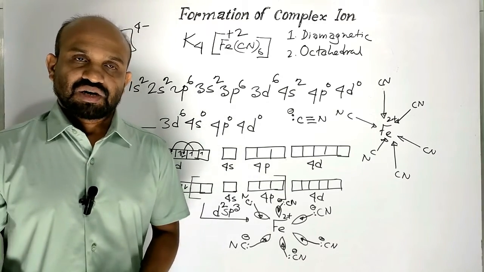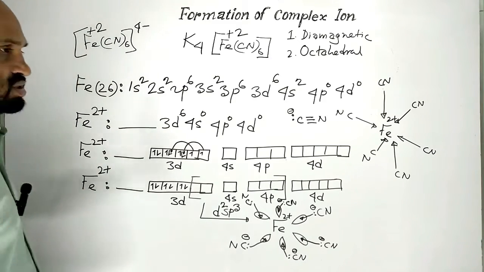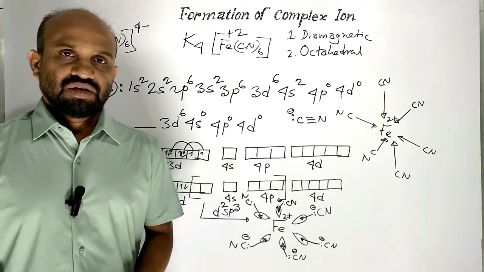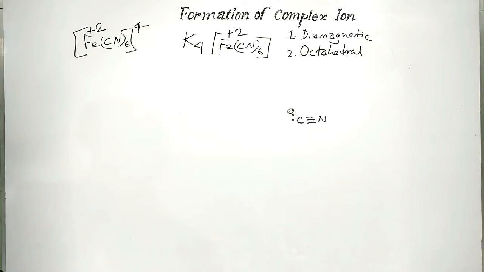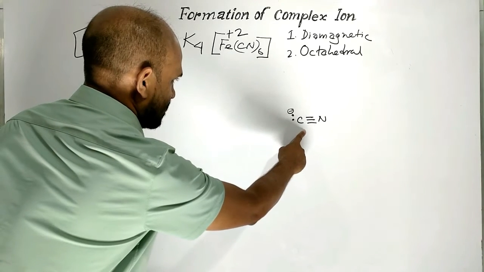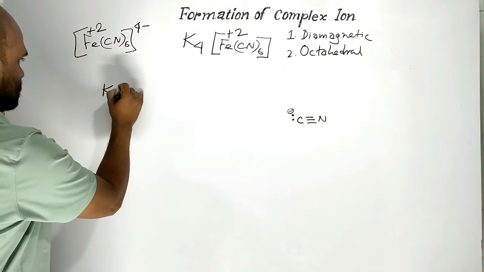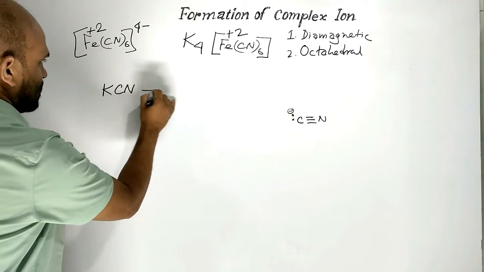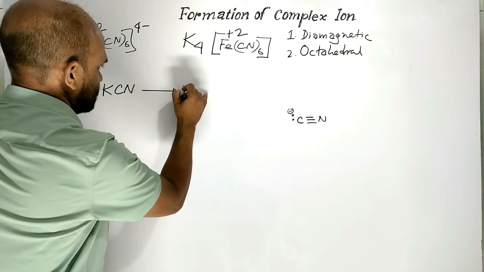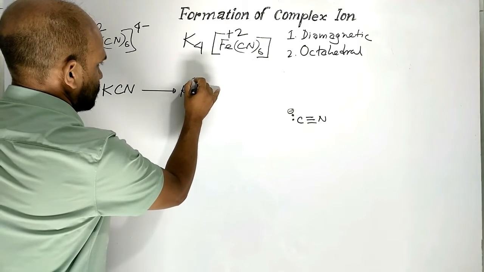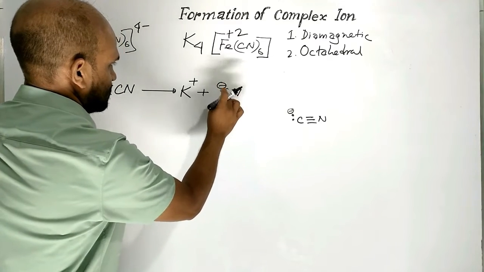In this complex ion, oxidation number of iron is +2. That is why this is a hexacyanoferrate 2 ion. Cyanide ion with negative charge. Suppose this is formed after ionization of potassium cyanide. It is ionized to potassium ion and cyanide ion.